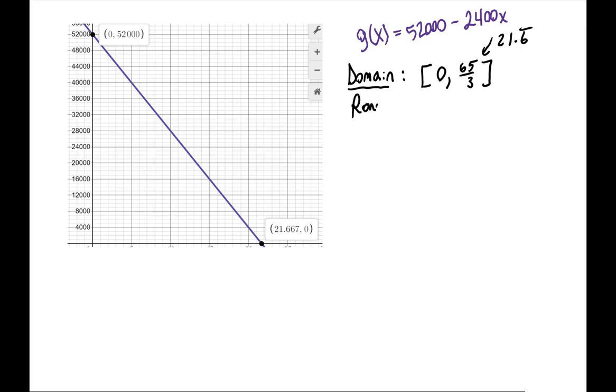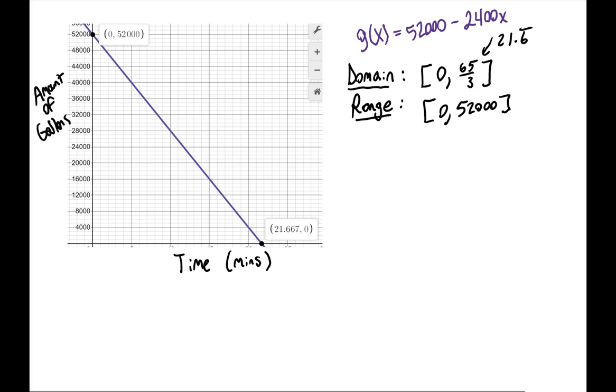The range is from 0 to 52,000. So again, g of x is representing the combined gallons in both Allie and Dane's pools, and the draining of those gallons that occurs through both pumps working together. So again, this was time in minutes on the x-axis, and this was amount of gallons on the y-axis.